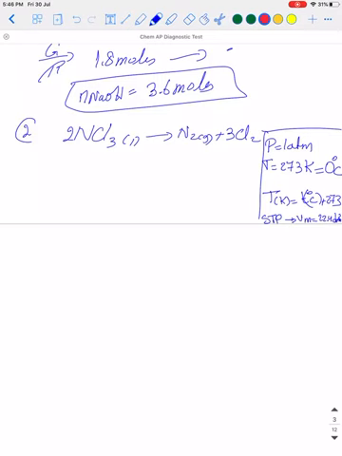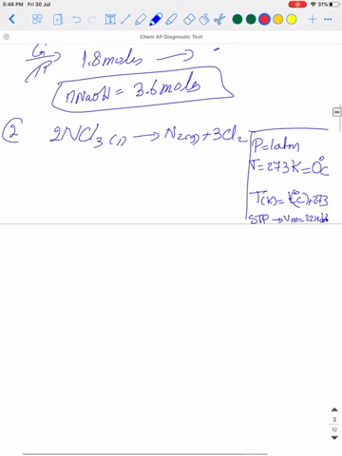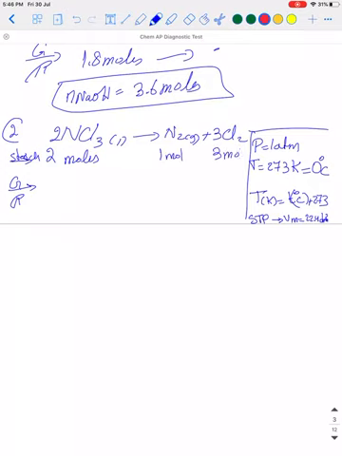Okay, let me find from the ratios. First of all, let me find the number of moles and relate them to volume. So the first line, as always, is the stoichiometry. Second, given and required. Every 2 moles corresponds to 1 mole, corresponds to 3 moles. It's given in the problem 0.1 moles of nitrogen trichloride.